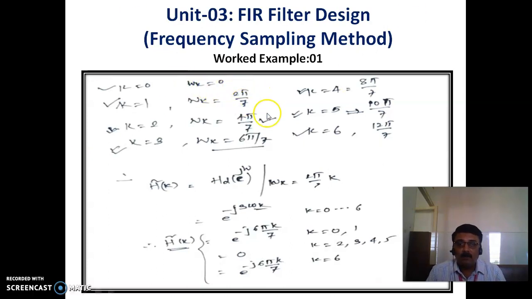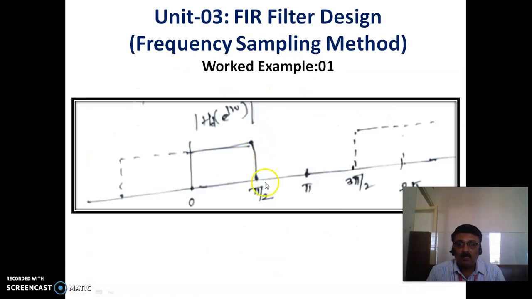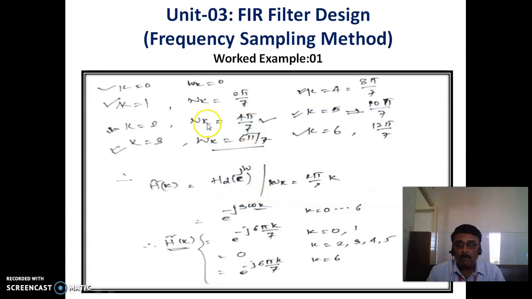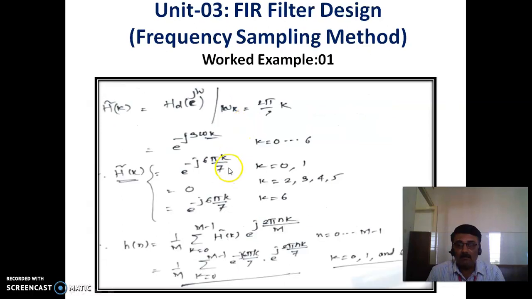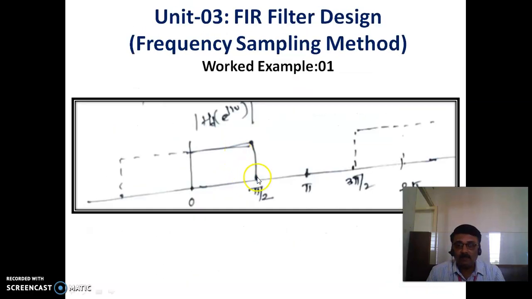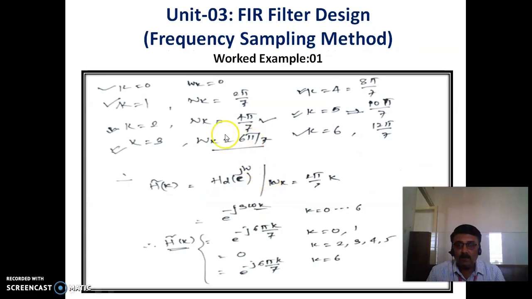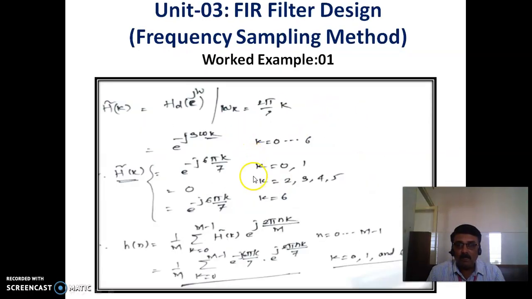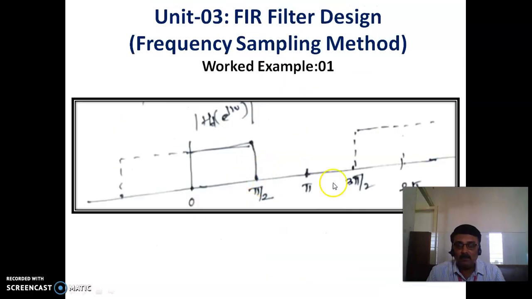Here 2 pi divided by 7 will appear between 0 and pi by 2, and when you substitute k equal to 2, your omega k value will be beyond pi by 2. So for k equal to 2, 3, 4, 5, your value will be equal to 0 from this graph.